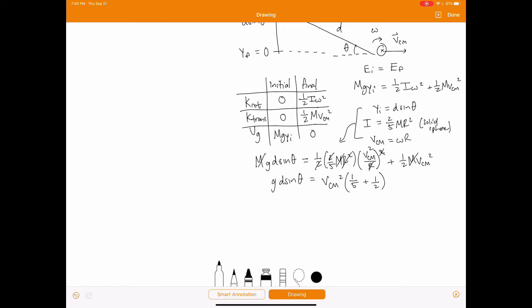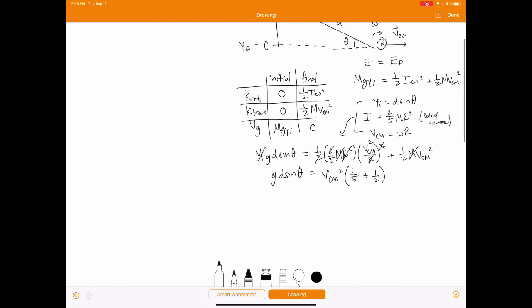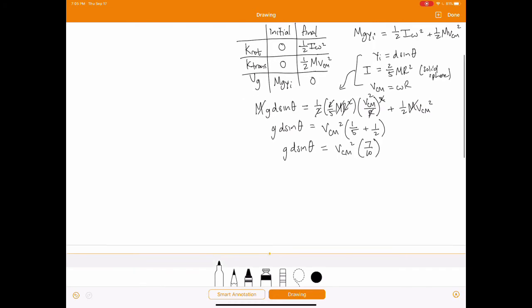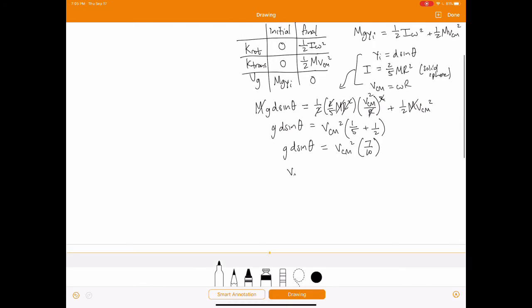So overall, that is 7 over 10. So we have GD sine theta equals VCM squared times 7 over 10. Now, VCM squared is then going to be 10 over 7 GD sine theta.